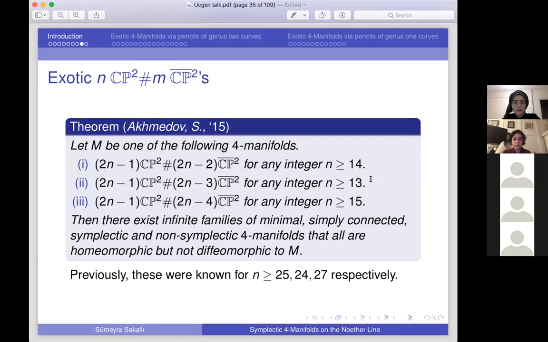And previously, these results were known for higher values, as I wrote here. And in our work, we have made much smaller constructions. This is a relatively older result, and I'm not going to go into the details here. I just wanted to state it, but if you are wondering, we can talk, of course.